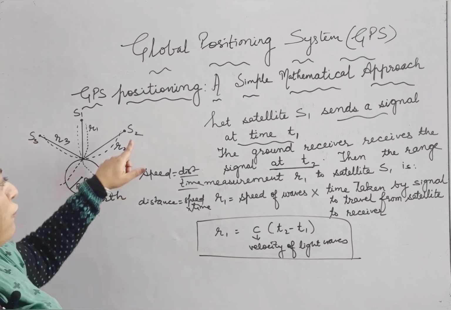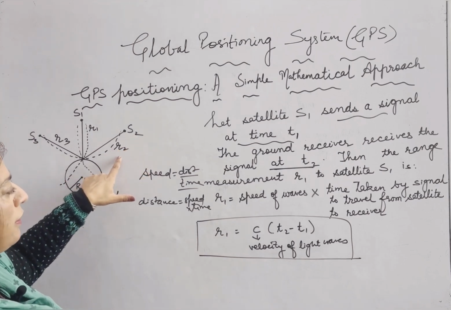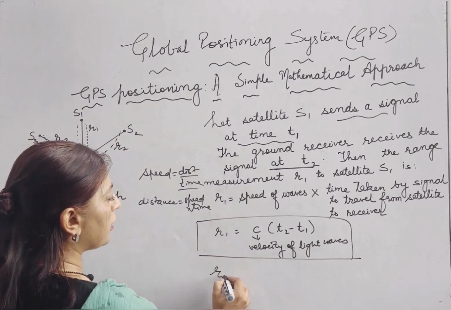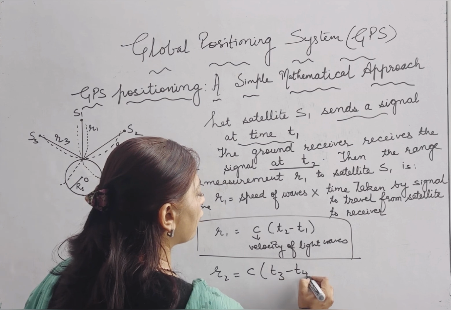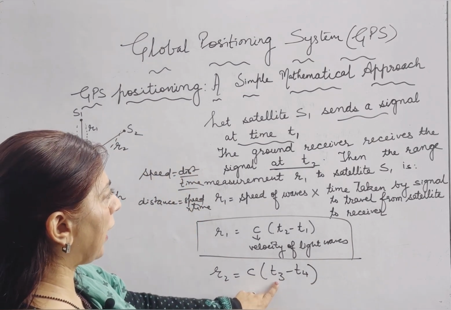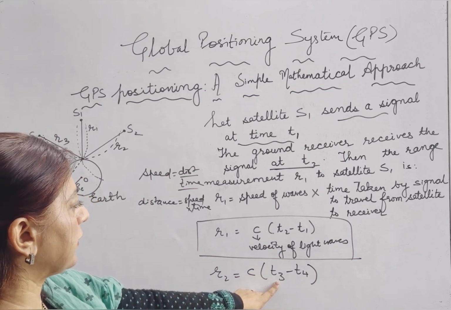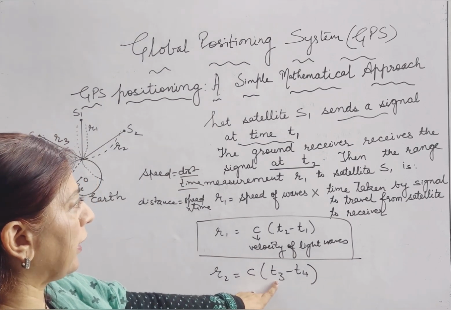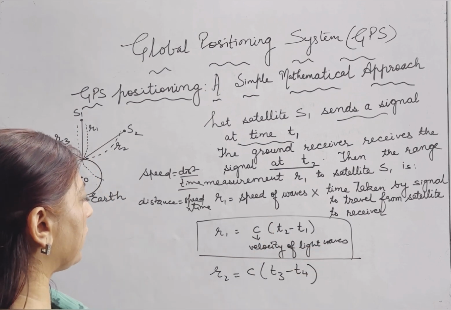Similarly, for satellite S2, let R2 be the range. R2 is equal to c times (T4 minus T3), where T3 is the time at which the signal is sent from the satellite, and at time T4 the ground receiver is receiving it.